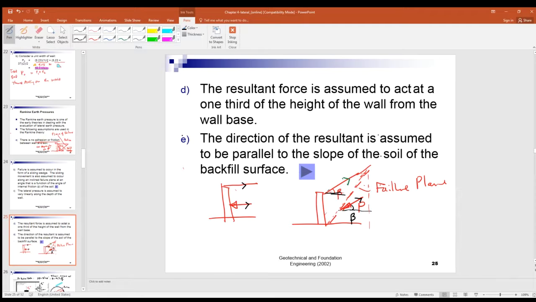So if the sloping surface is here, this is also parallel, right?